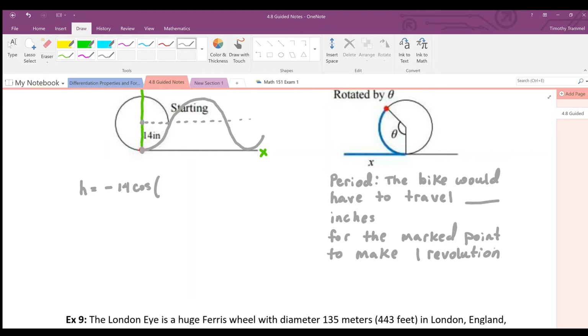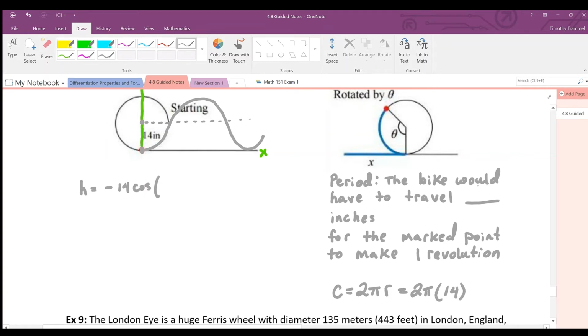Okay, and to figure that out, we just need to figure out what the circumference of the tire is, because if the tire does one full rotation, it's going to travel its circumference. Okay, so you might remember the circumference is 2 pi r. Okay, and r for us is 14.